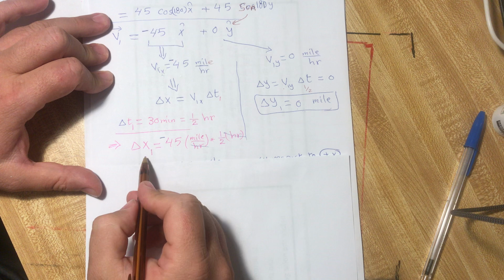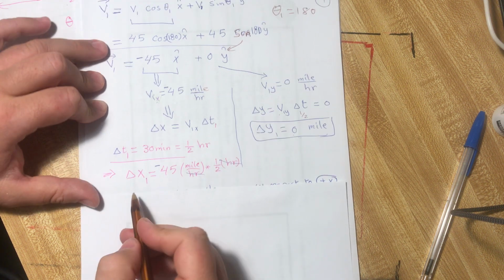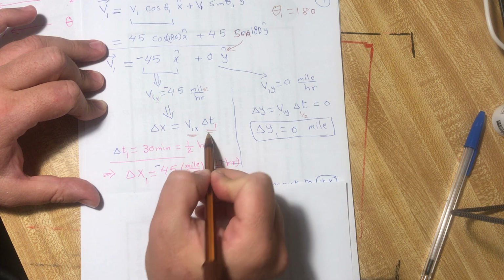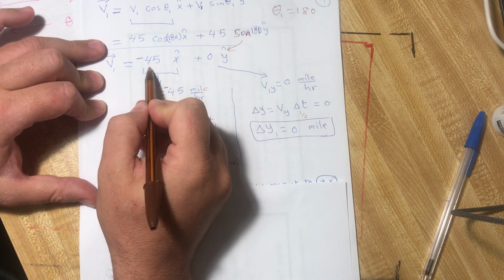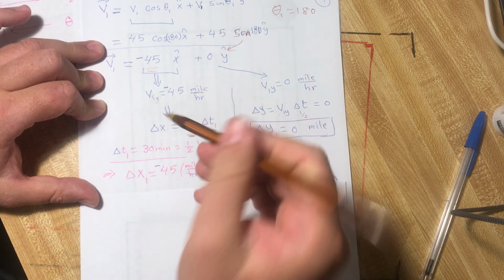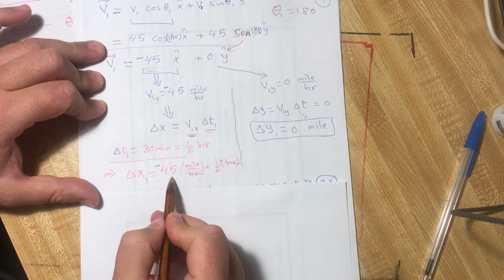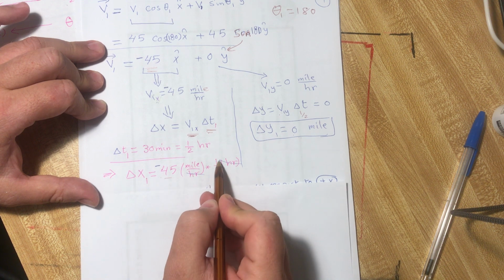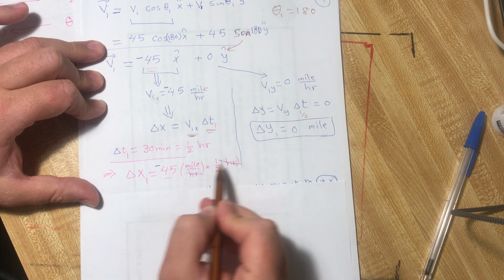The displacement in the x direction is equal to the velocity in the x direction multiplied by the time. The velocity in the x direction is minus 45, and the minus sign means the negative x direction. So minus 45 miles per hour multiplied by half an hour, I can cancel hour with hour.